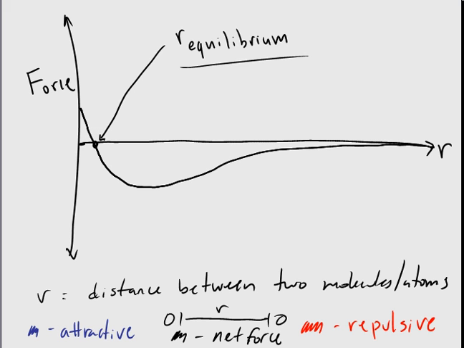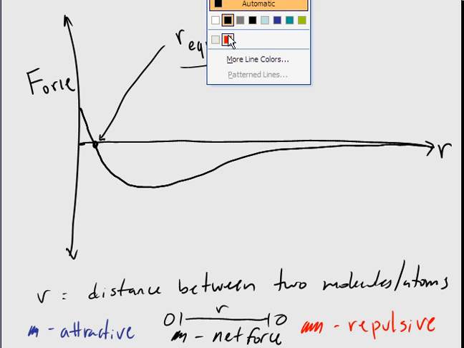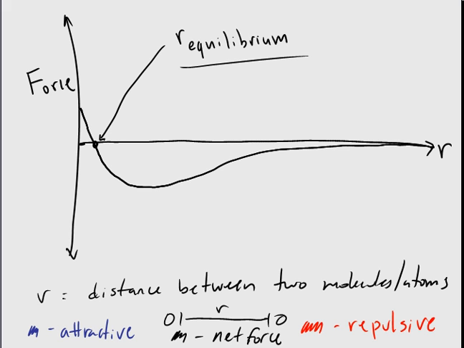And now I'm going to draw another line, and this line will represent the potential energy. Okay, so this red line is representing the potential energy, which I write as U.